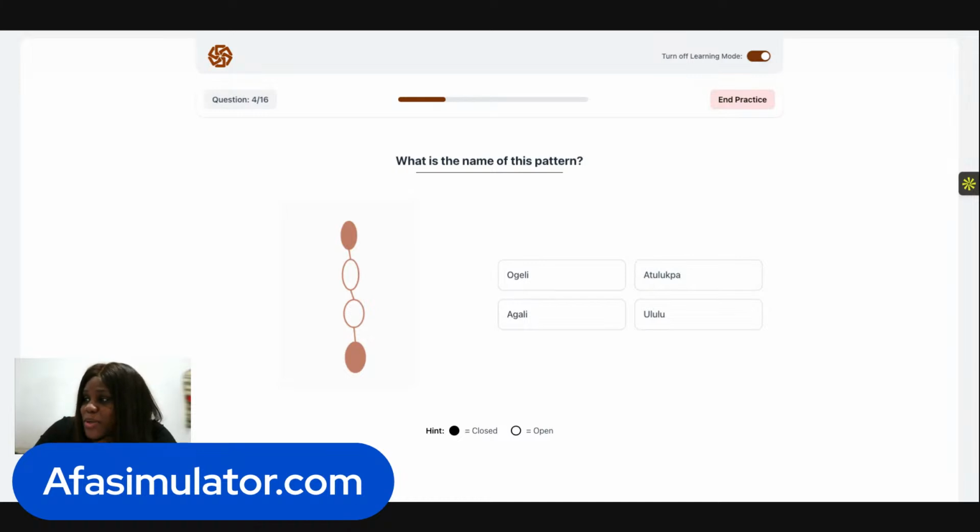This is a difficult one. The options are Ogeli, Agali, Atoloba, or Ululu. Hold on, let me see. Ogeli, Agali, Ululu, or Atoloba.